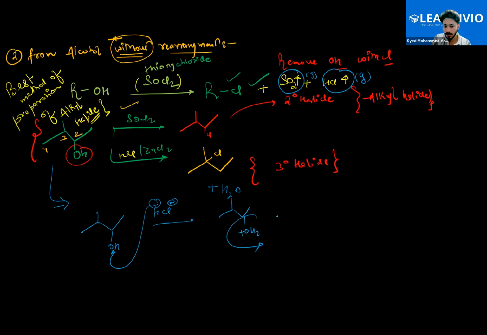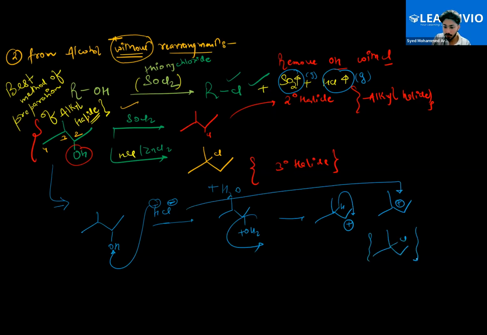This will leave out, and this thing will form. Then a hydride shift will take place, and after the hydride shift, you will form your 3-degree cation. Then Cl minus will attack on this, and this thing will form. This is the procedure of this reaction.